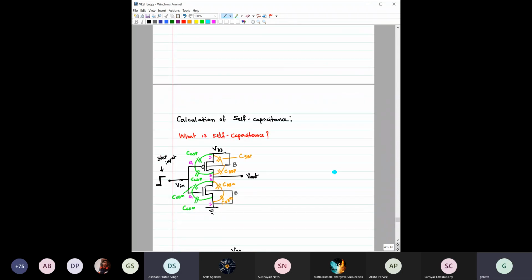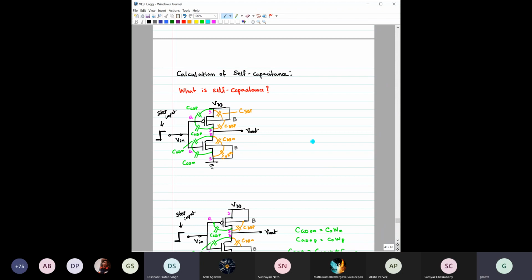That part is called self capacitance. Before we start the discussion regarding self capacitance, let us first understand what it is. Self capacitance is the sum of capacitances connected to the output V out.